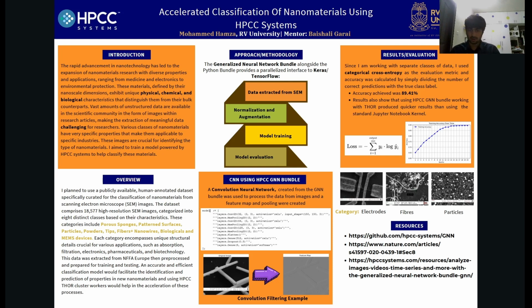Then moving on to model training. For this project, I used a CNN, which was created from the GNN bundle, and this model was used to process the data from images, and a feature map and pooling were created. You can see below that there is an example of a convolution filter.